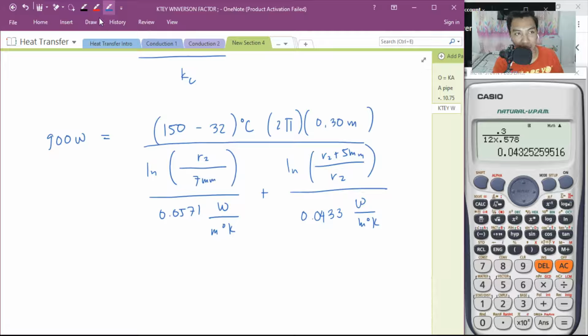So, cancel natin yung same units. Degree Kelvin na rin to. Meter, degree Kelvin.